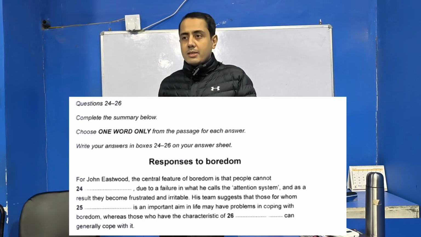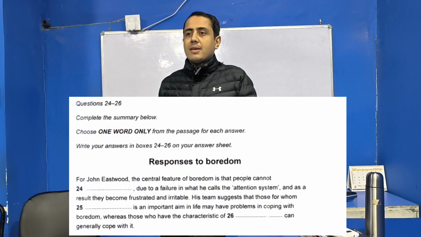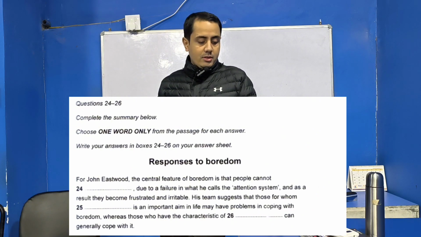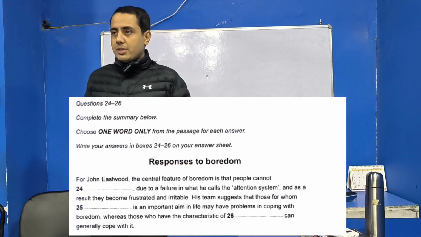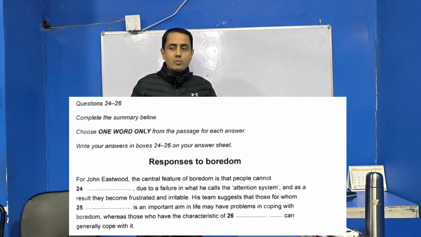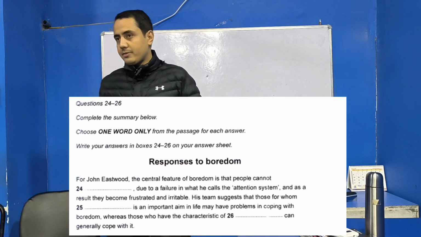On the bottom of the page, you will see a paragraph which has some blanks inside the paragraph. If you count, there are 3 blanks in the paragraph. So do you see that? Responses to boredom is the title of the paragraph.